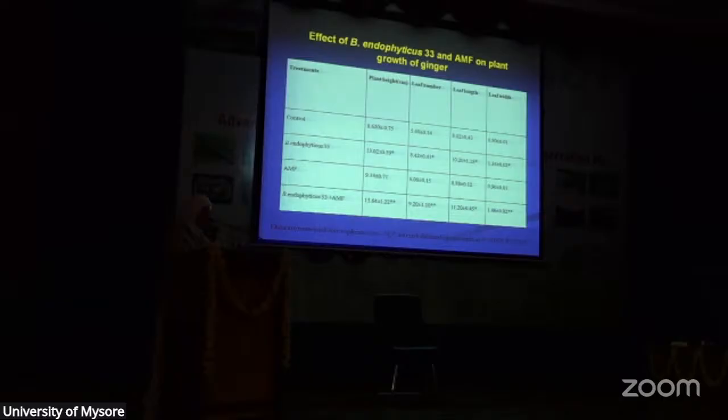Plant growth results: both the endophyte and mycorrhizal fungi improved plant height, leaf number, leaf length, and leaf width compared to the control. However, the co-inoculation treatment produced the highest and most significant increase in all growth parameters.